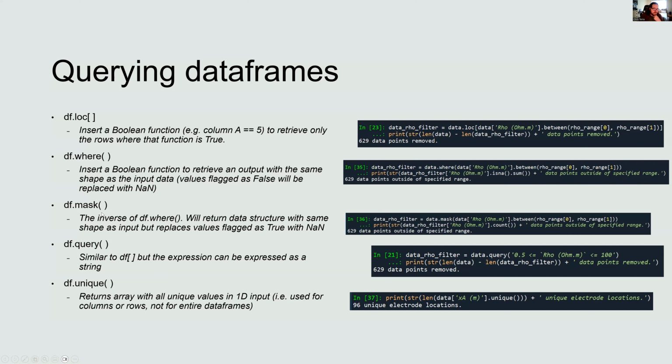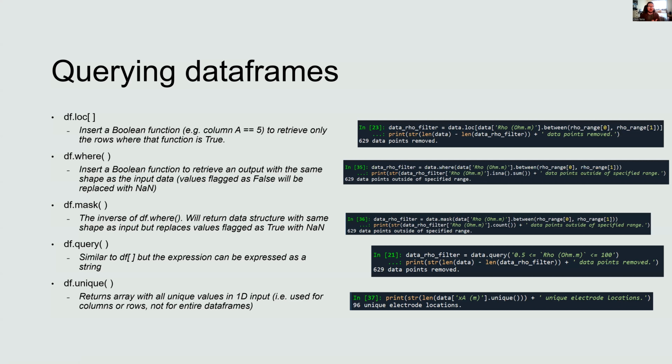And then you have df.mask, which is just the opposite of .where, where it will return the data structure the same shape as what you input in there, but this time it's returning values that don't apply to that Boolean statement, right?